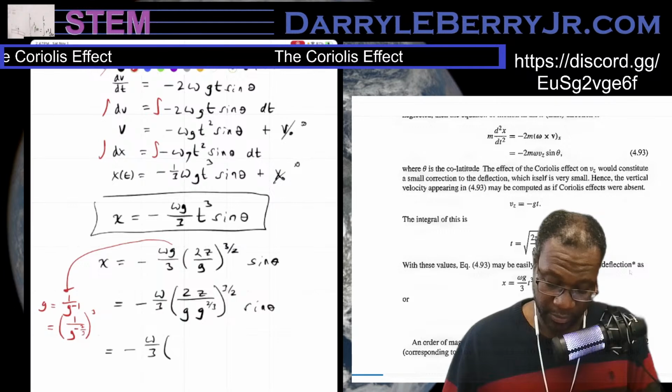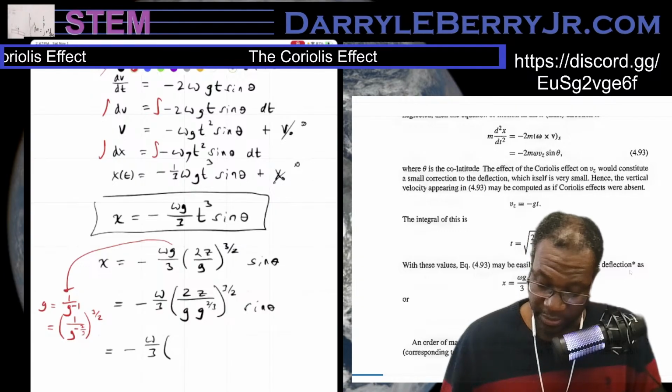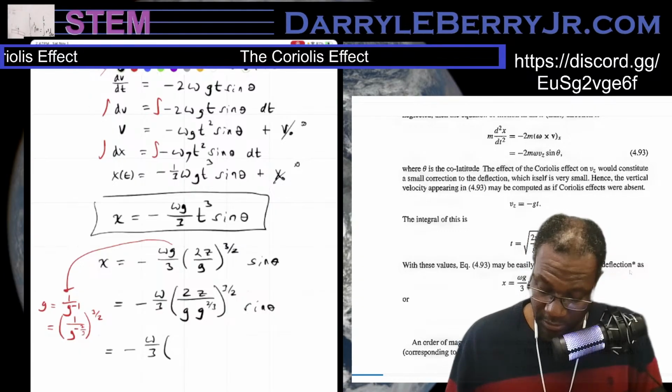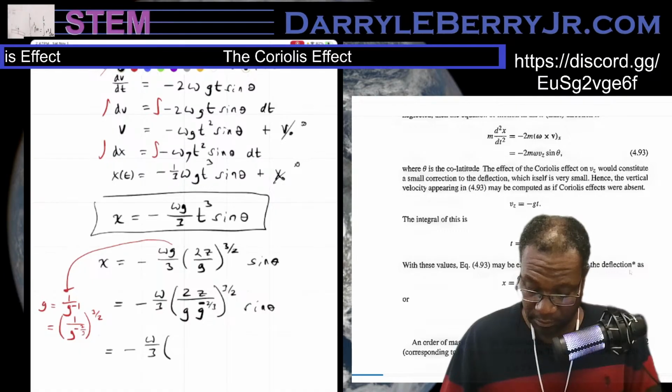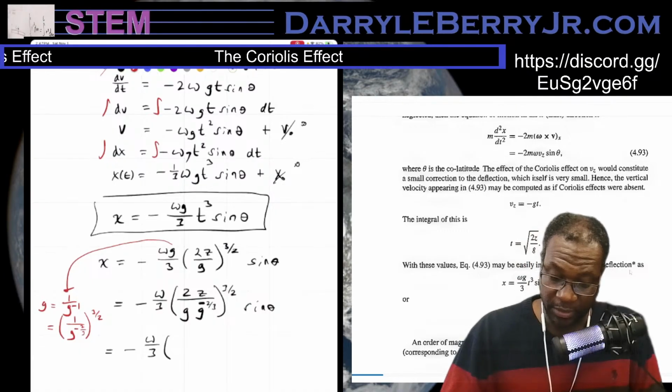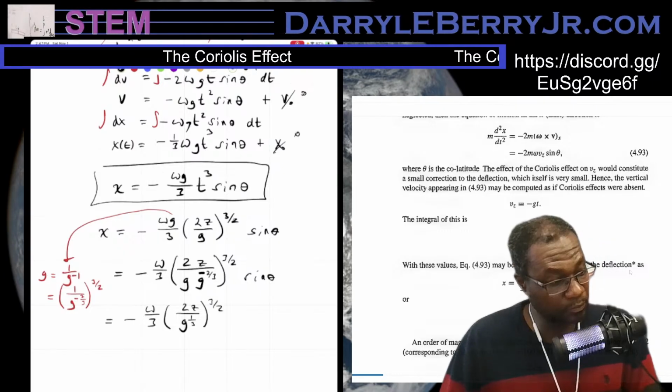This is 3, 2 on the outside, so this will be a negative 2/3. So this will be 2z over g to the 1/3, 3 over 2.